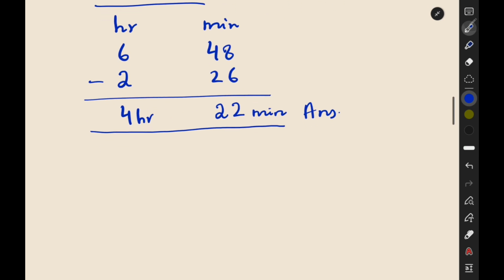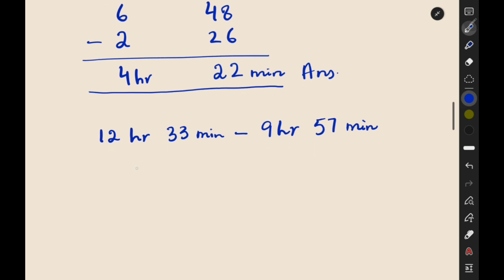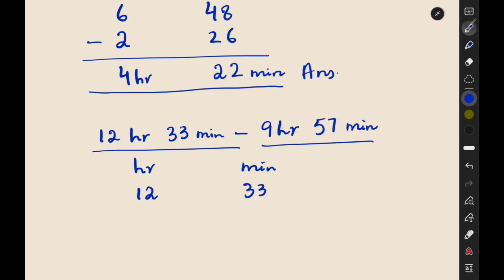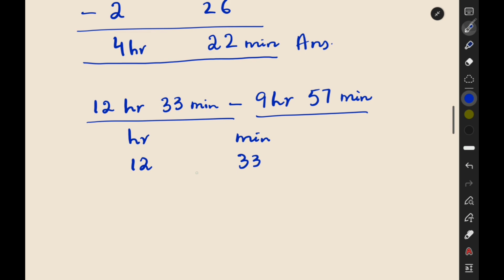The next example is 12 hours 33 minutes minus 9 hours 57 minutes. Again we write the symbols first, hours and minutes, and write the values: 12 hours and 33 minutes, the first one, and then the second, 9 hours and 57 minutes.